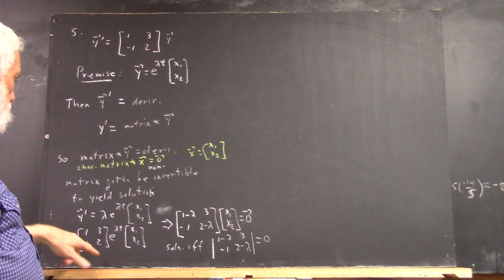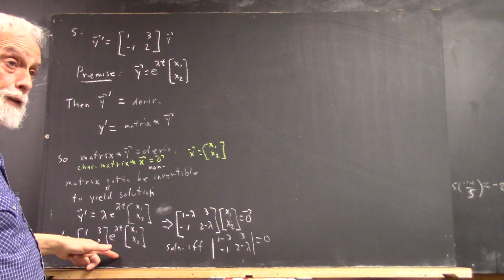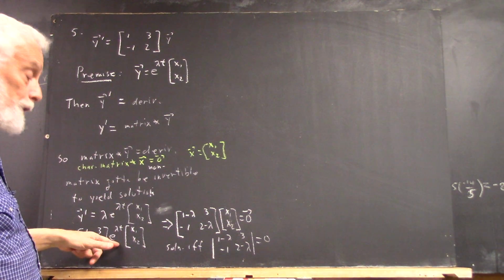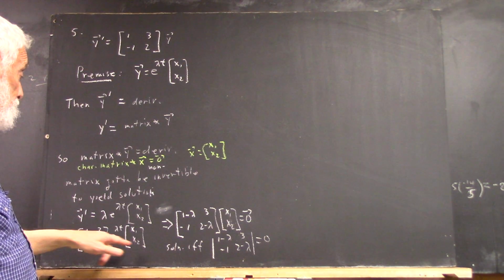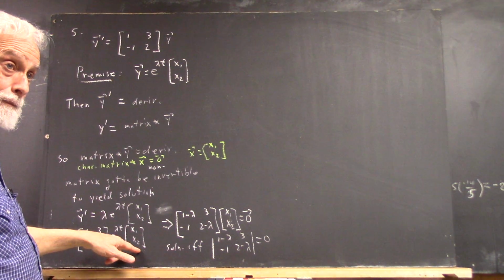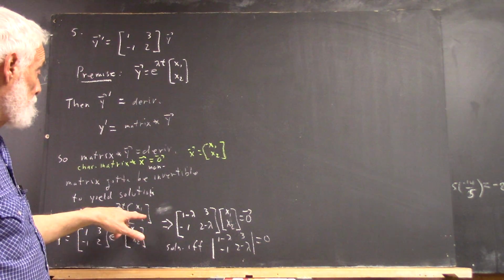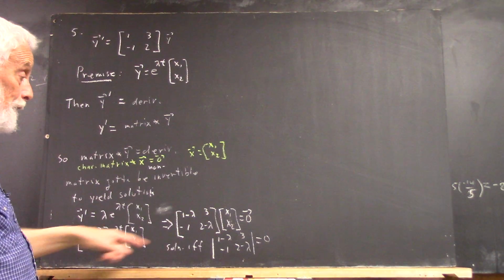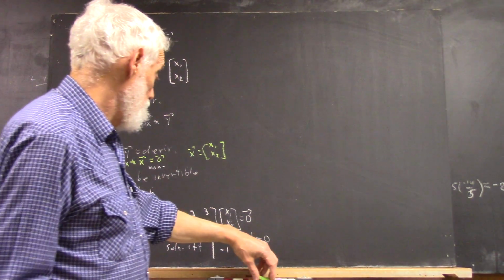And we get y prime equals this. And we set this equal to this. The e to the lambda t divides out. So we get this matrix times the x vector equals lambda times the x vector. We subtract the right-hand side from the left, write it as a matrix, and we get this. So we need to understand that that's what we're doing.